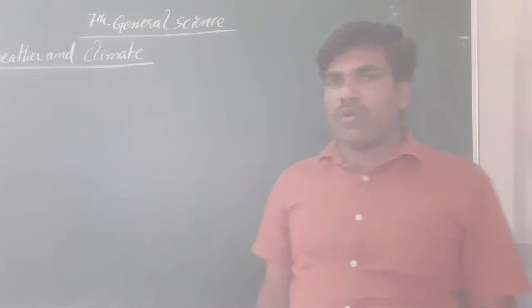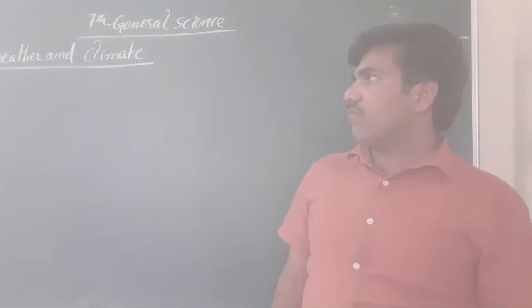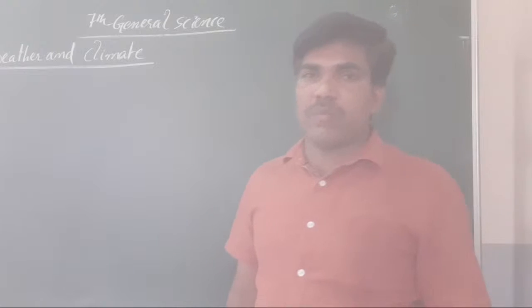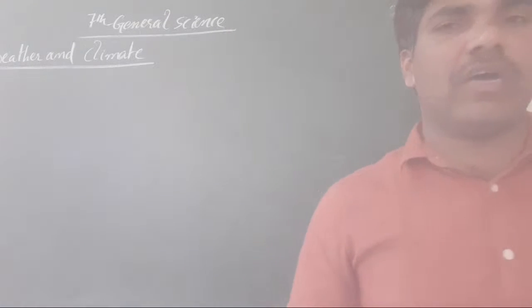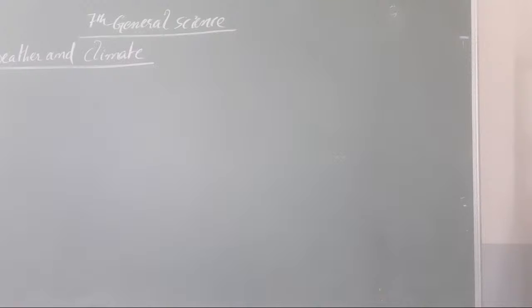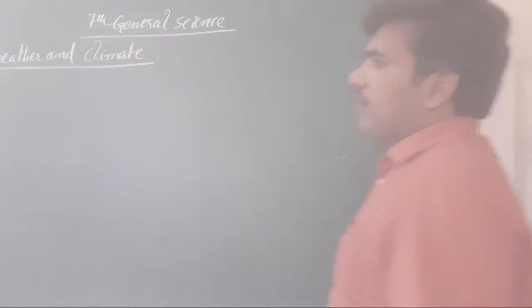For this purpose only, we measure the wind direction by using an instrument. There are two instruments we use for it. Already you know very well. That is the anemometer. That will provide the direction of the wind, and it also gives information about the velocity of the wind also.